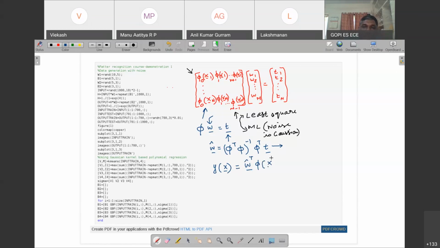It is like that, right? So this is what we already discussed. Hereafter, I'm not going to write this W cap. I am going to use only this W, indicating that it is a properly estimated one, right? So in fact, we estimate using this, but we have to plug in here so that you will get this y of x like this, right? So this is the thing.